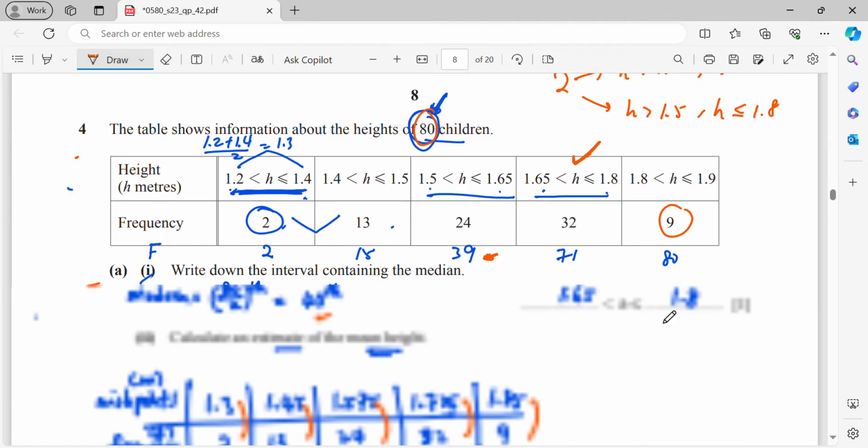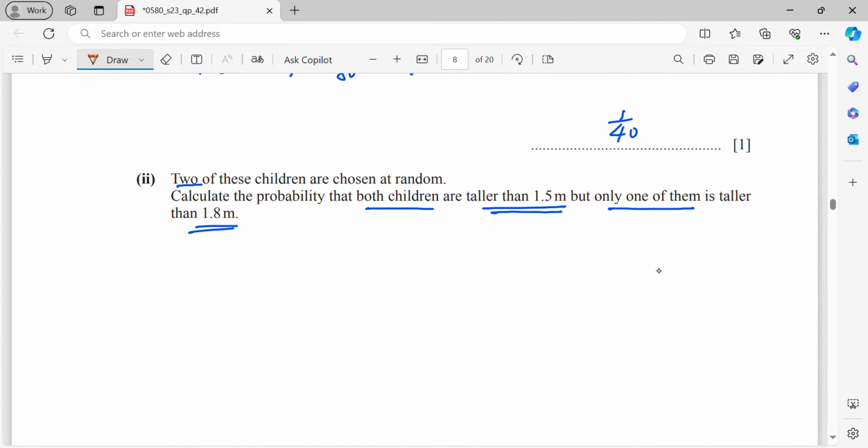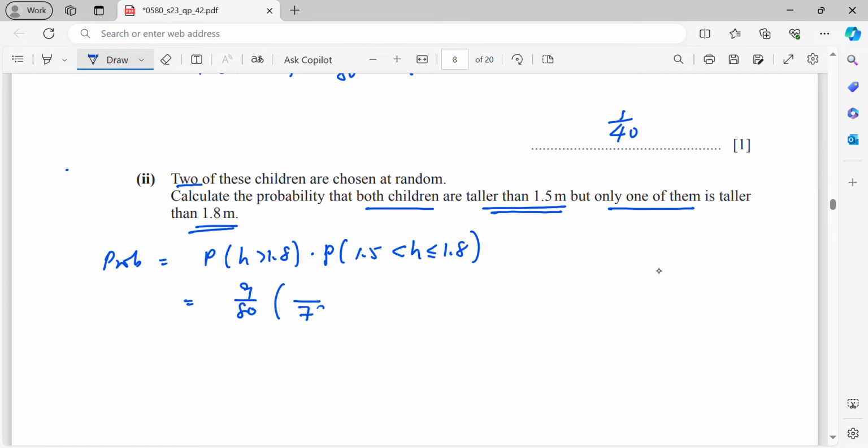Okay, so I will say it's 9 over 80 times P 1.5 and 1.8. So it is 9 over 80 for the first. But then since you have chosen one, no more 80, left 79.